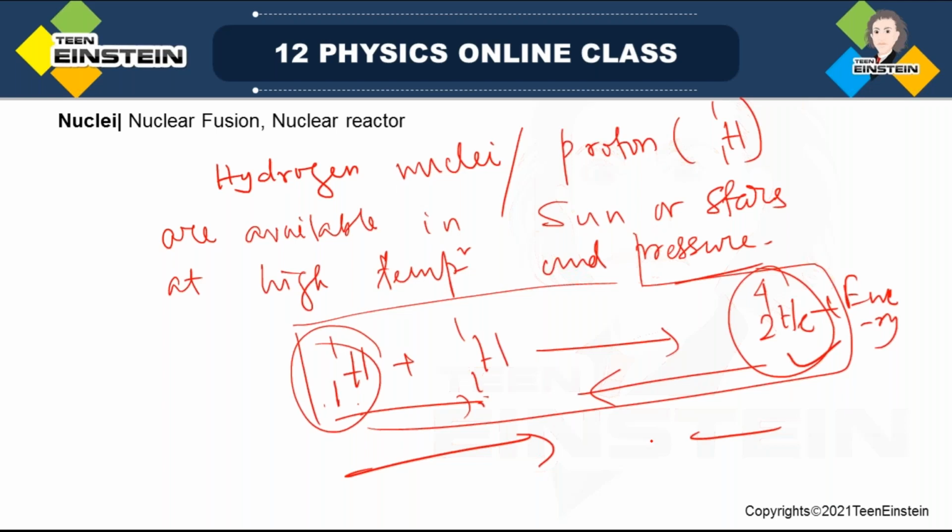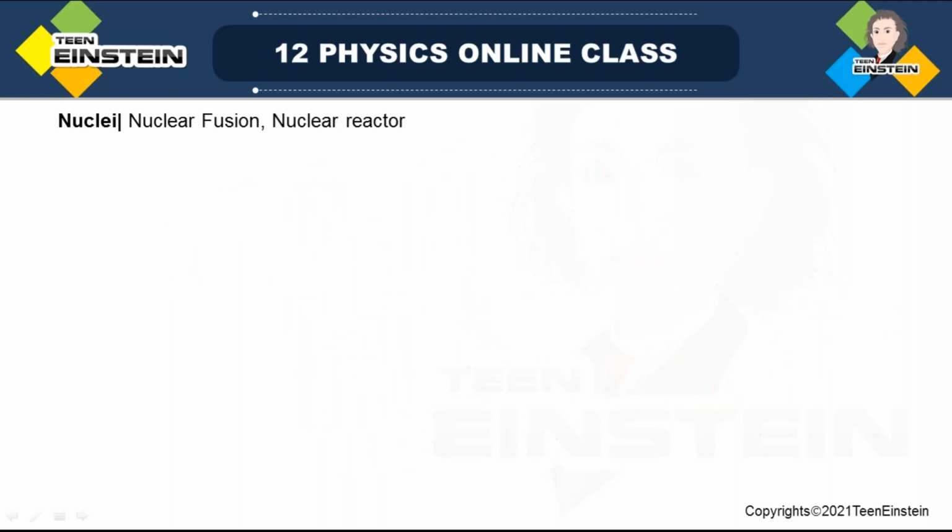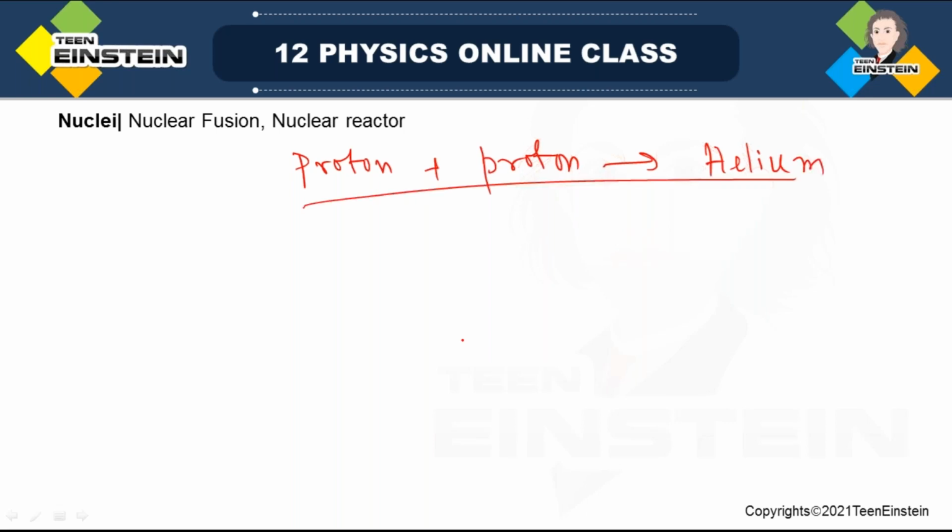So there are two cycles of this fusion reaction taking place. Fusion reaction means mainly the reaction proton plus proton fused to helium. So this is the main fusion reaction which occurs in the stars or sun in two different cycles.